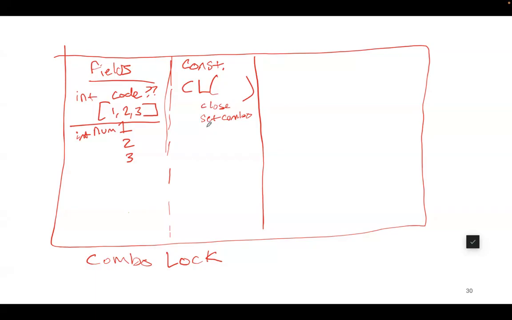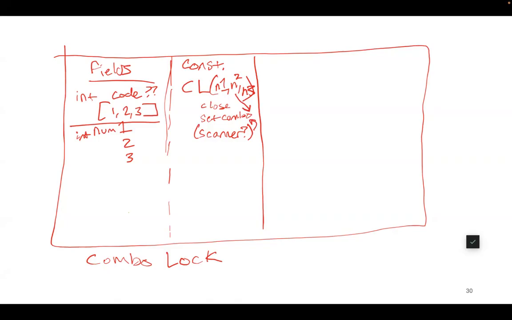But I think for this it may be easier to not use a scanner and instead get it from the parameters, like num1, num2, num3 as parameters. Again, this is a design choice that we're making. So set the combo, which can come from the parameters or from the scanner, and close the lock.